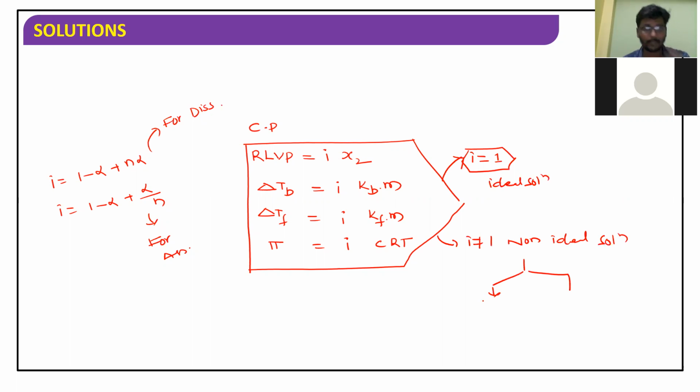Yes, the i value may be greater than 1. Greater than 1 means they show positive deviation from Raoult's law, meaning the particles undergo dissociation. An i value less than 1 means the particles undergo association.